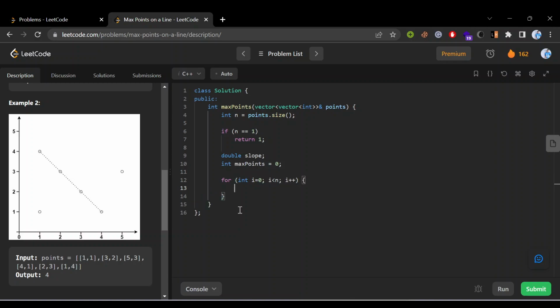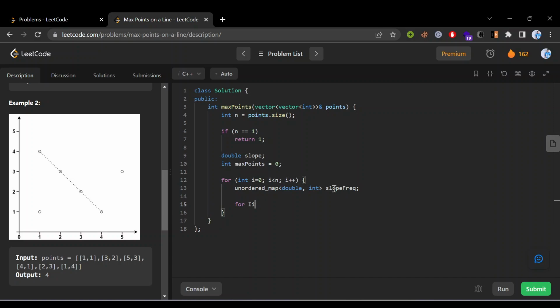Now I will be creating an unordered map, and this is double and integer value. So this is basically a map that is containing the information of slope and the maximum points that associate with that slope. That is why we have int, which is the frequency, the number of points. And let it be slope frequency.